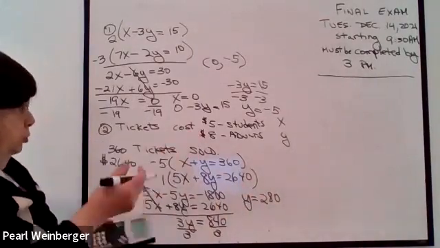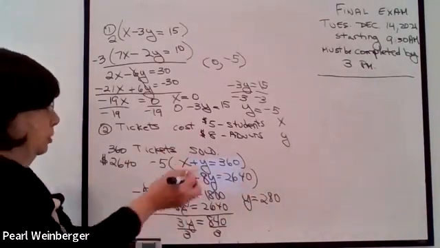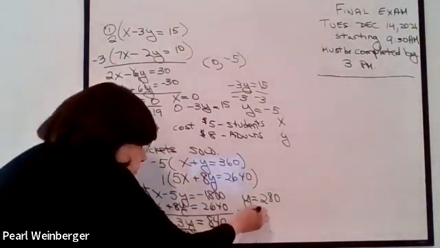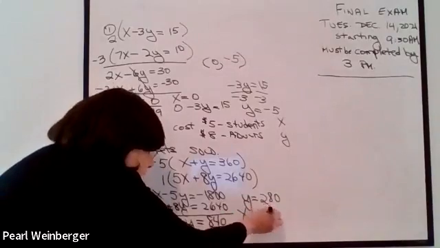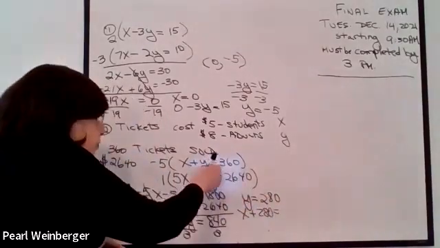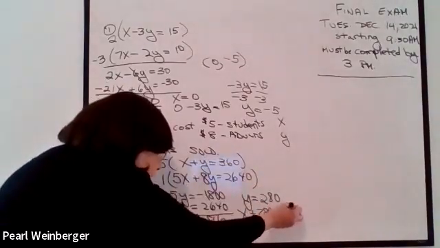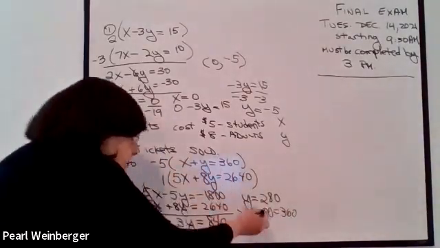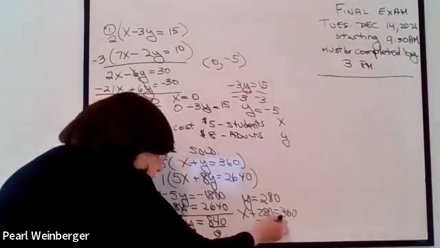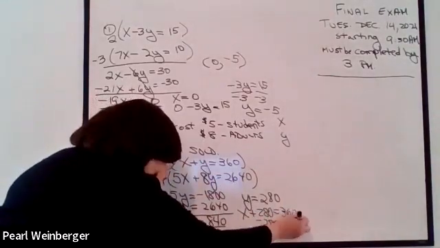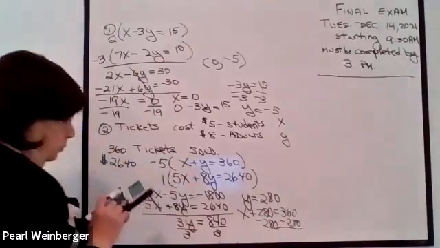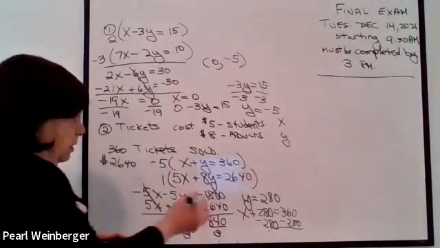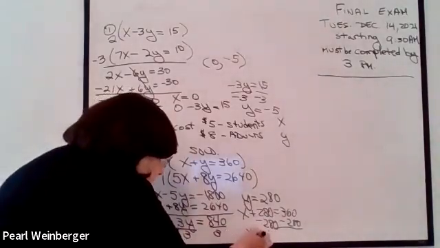How many student tickets were sold? Well, we know that the X plus the Y, which is 280, had to equal 360. I'm just replacing the Y over here with 280. And if I subtract 280, I get that my X is 80.